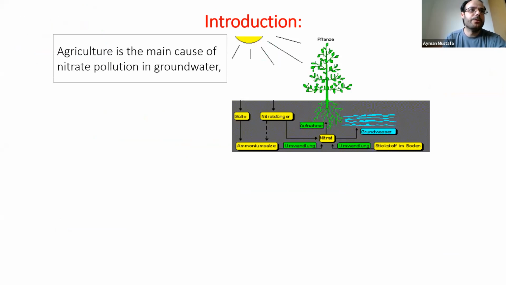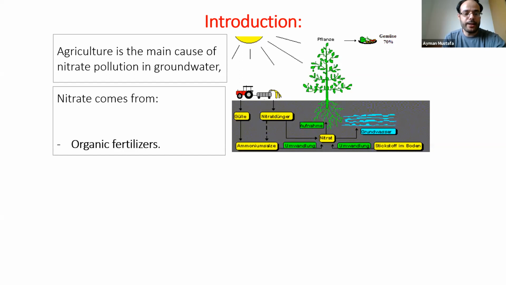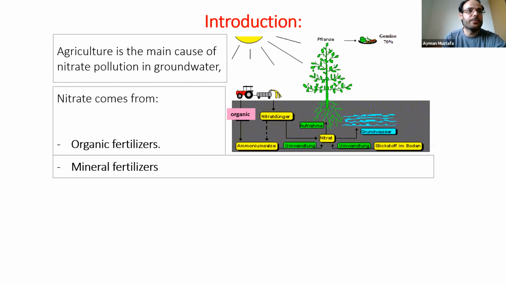As we know, agriculture is the main cause of nitrogen pollution in groundwater, because we use different kinds of fertilization materials, for example, organic fertilizer and mineral fertilizer, especially when we use irrigation systems.